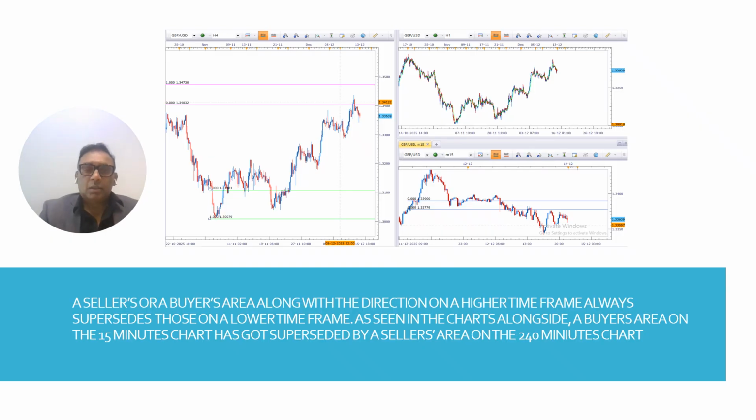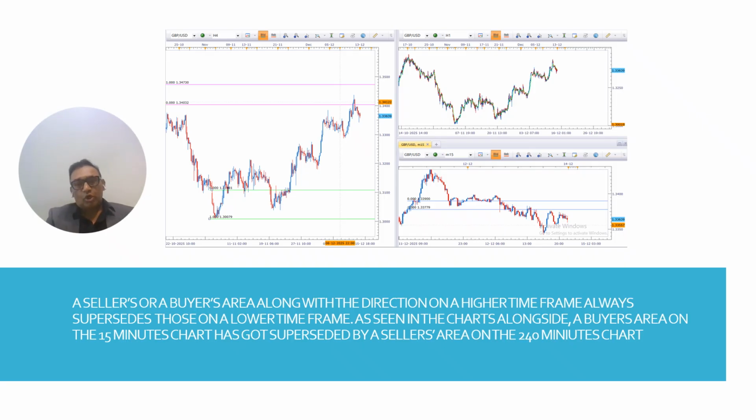Once we've done the analysis of the environment and we've jotted down the role of different time frames with regards to the trade that we wish to take, we must also look at the higher time frame zones which could affect the journey of our price from our entry to the exit point.